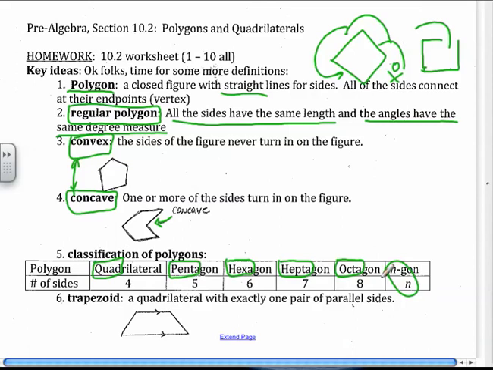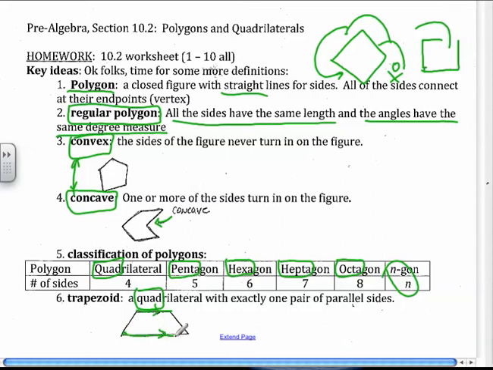Now, the next thing is the trapezoid. A trapezoid is a special kind of quadrilateral, meaning that it has 4 sides. What it means is that one of the pairs of sides is parallel.